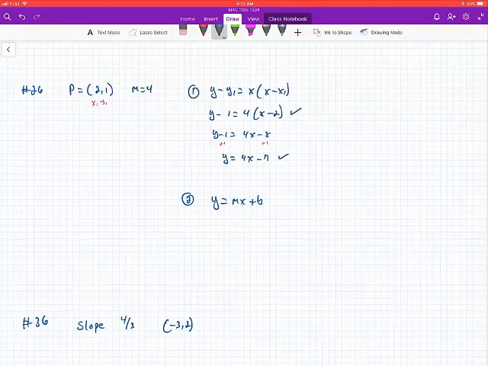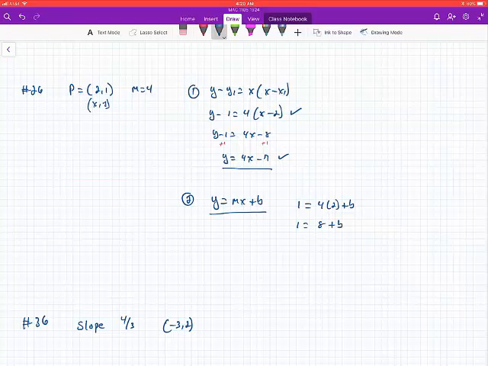Now, I can arrive at this one simply by using the information that I was given. If I view this, instead of x1 and y1, simply as an x and a y, the only thing I'd be missing would be my b. So if I plug in the values that I have, 1 is equal to 4 times 2 plus b. 1 is equal to 8 plus b, and then I subtract 8 from both sides.